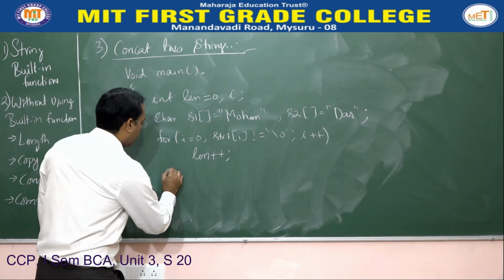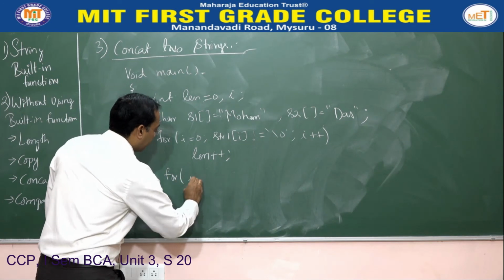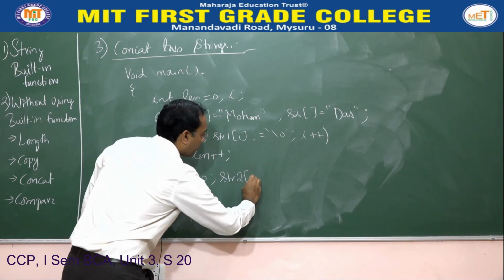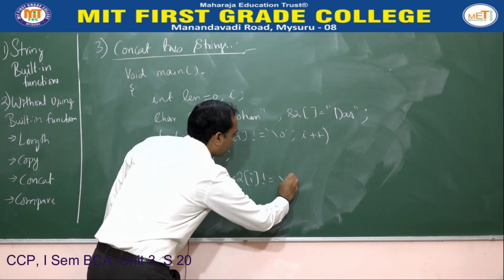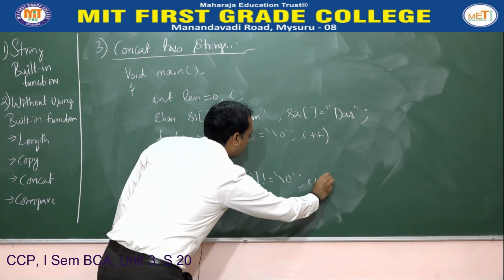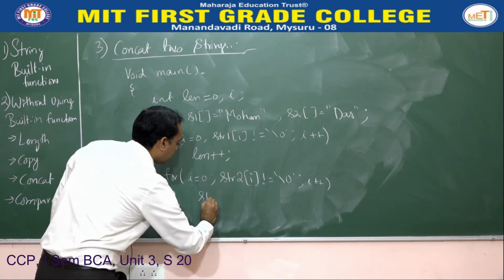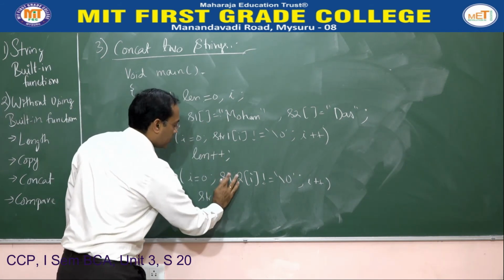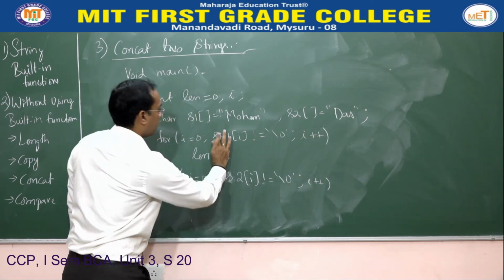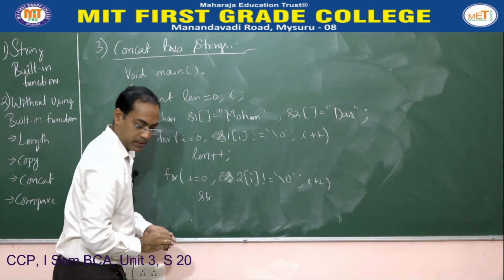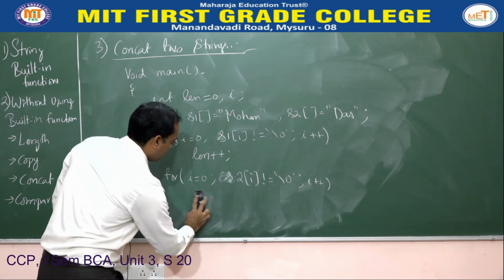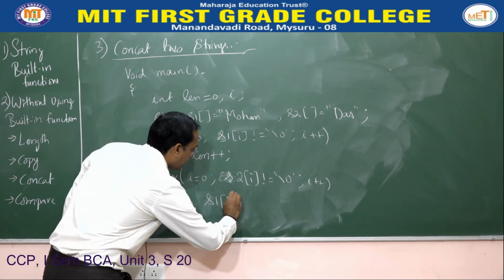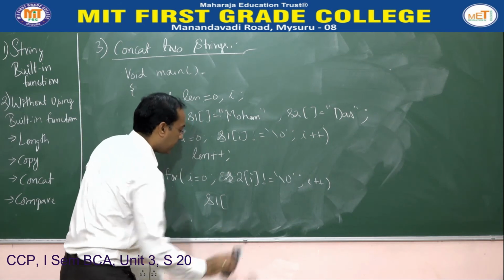Okay. Now after finding the length you have to again start a for loop. Now it is str2 of i not equal to \0, i plus plus. Copy the contents of str. So I am using str here, so make it as S only. Okay, here also it is S. S1 of i, sorry, not i, it has to be length.